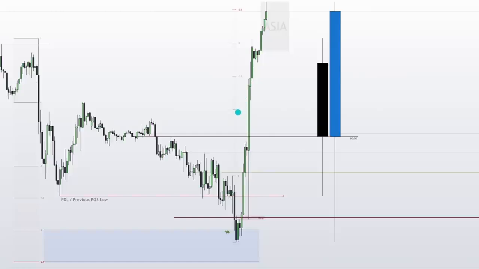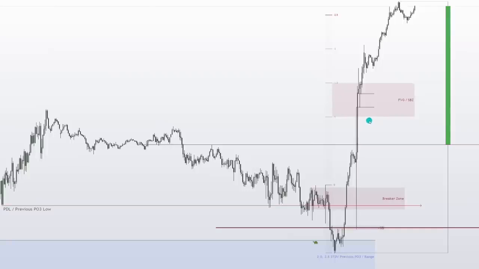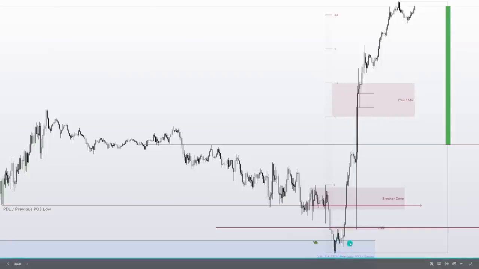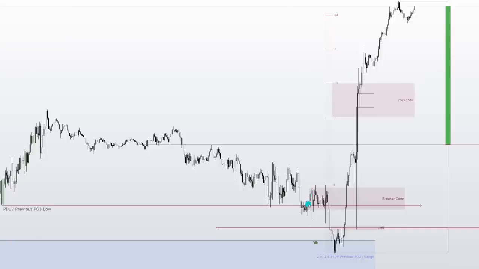5 minutes. Your attention is here in the 1 deviations and the 1.5 deviations. Look, this is 5 minutes. The turtle soup here, the order block, the breaker zone here in this area, and in the 1 deviations and the 1.5 deviations you can find the fair value gap, silver bullet zone, and continue with the 2 deviations and the 2.5 deviations.